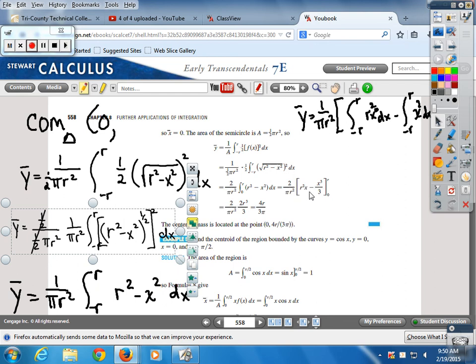They did something here, and like you said, the 0 to r changed. It was negative r to r. Could they have said, okay, well, we're just going to do it from 0 to r and multiply it by 2? Could that be what they're doing? Why would they do that? Make it easier.